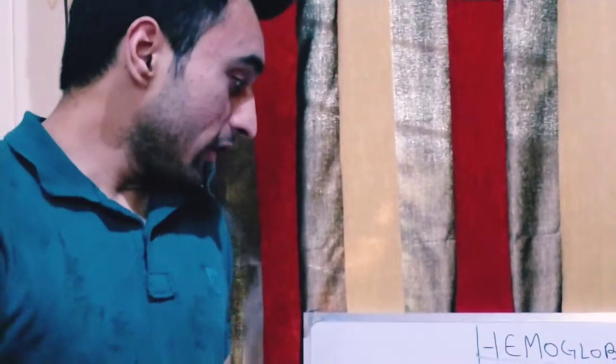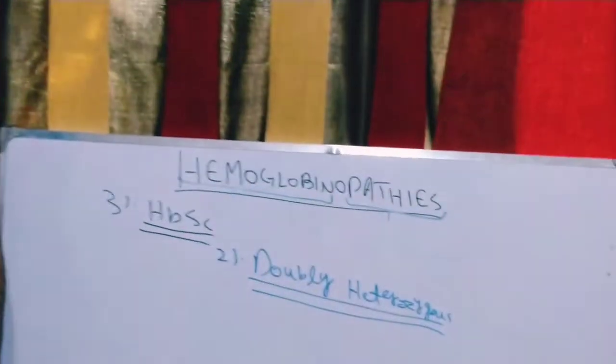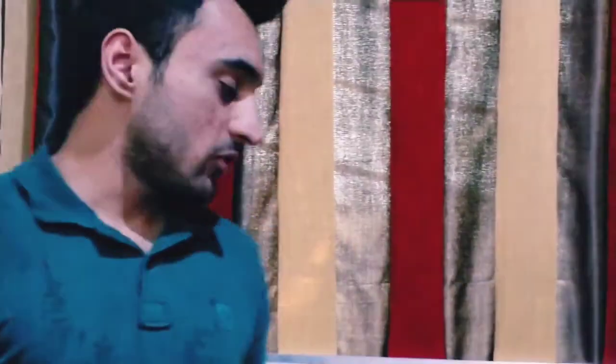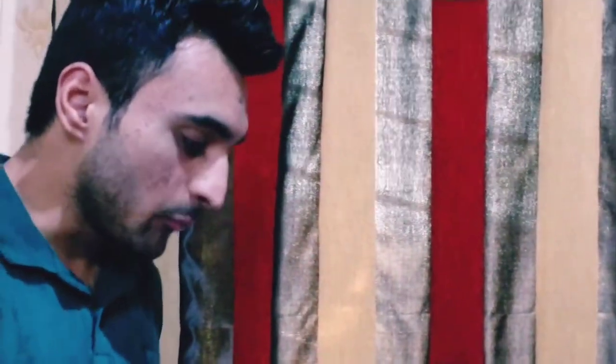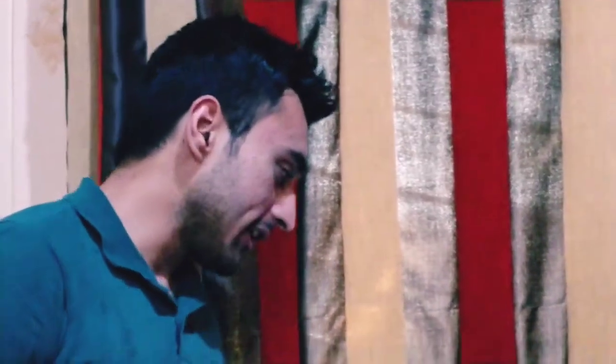Now, what is meant by doubly heterozygous? It consists of two abnormal beta globin genes. So it actually contains two mutants, and those two mutants are found both in the HbS disease and also in the HbC disease, which means that it contains the mutant of the HbS and HbC disease. So both mutants of HbS and HbC disease are found in the HbSC disease.